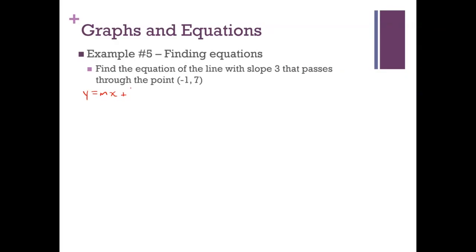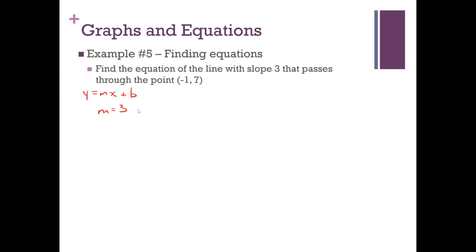So for now, let's do this. If we can figure out what M and B stand for, we'll be done. I agree with 3, I don't agree with 7. The slope is 3, that's good. But what does B stand for?